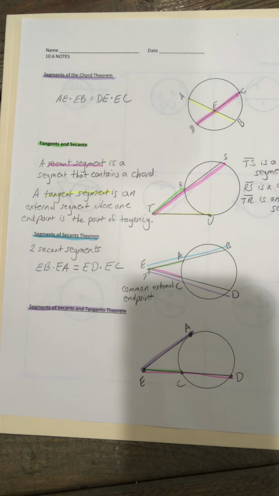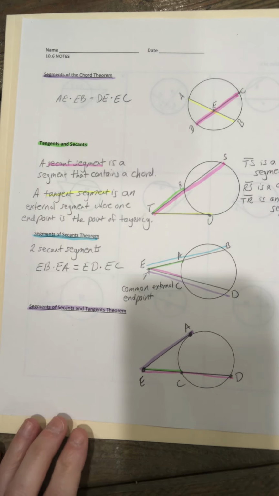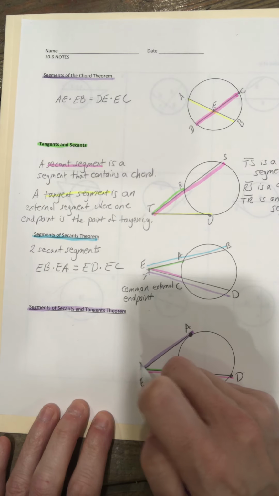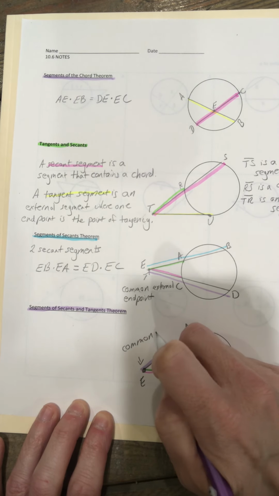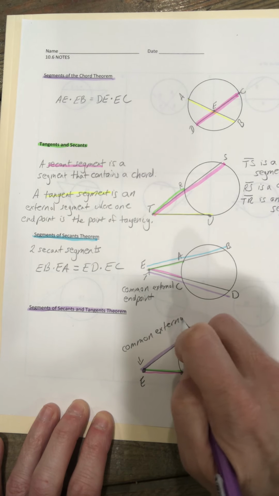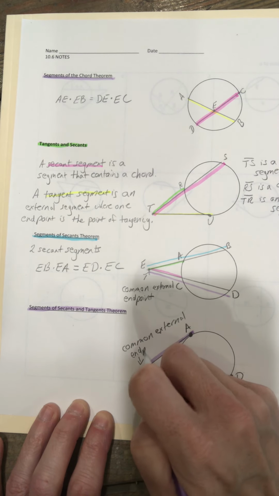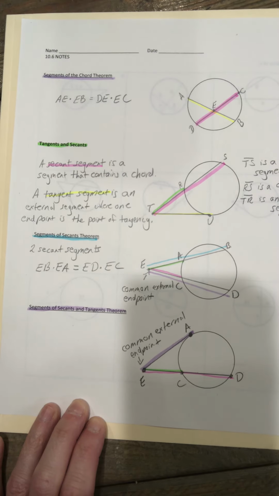So let's take a look. If a secant segment and a tangent segment share an endpoint outside the circle, so this is a common external endpoint, that's what they're sharing.